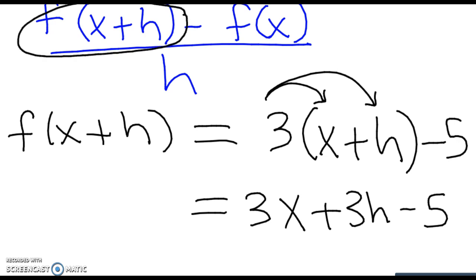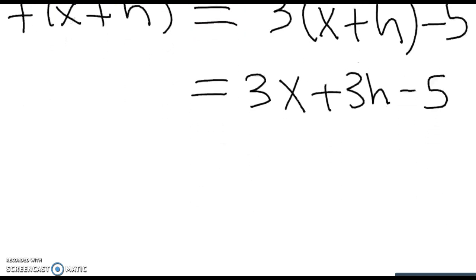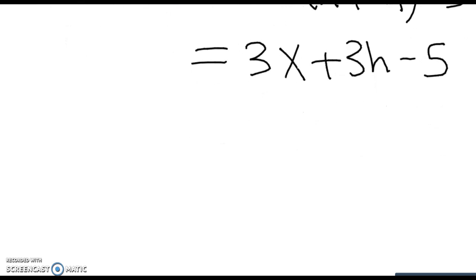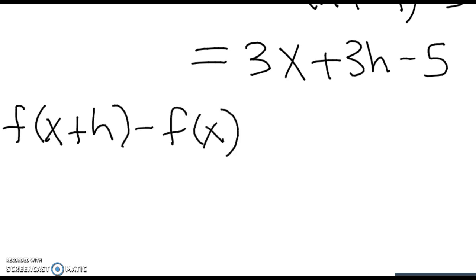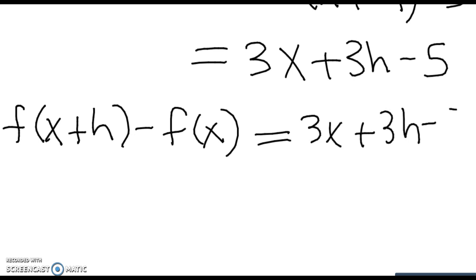Okay? So for the next step, we're going to subtract f of x from f of x plus h. This means that f of x plus h minus f of x is going to equal 3x plus 3h minus 5 minus what f of x was originally defined as, and that was 3x minus 5.